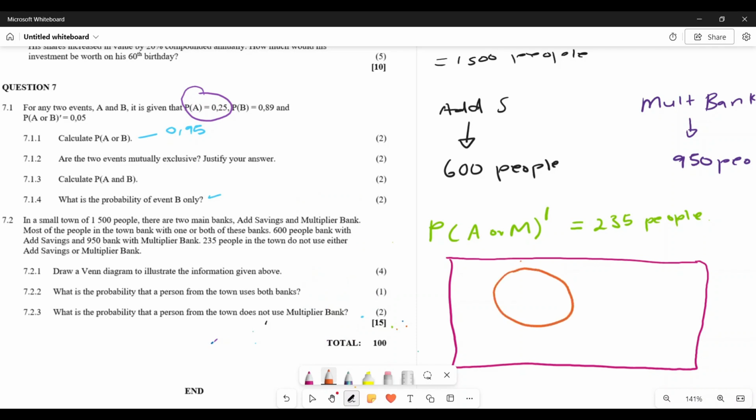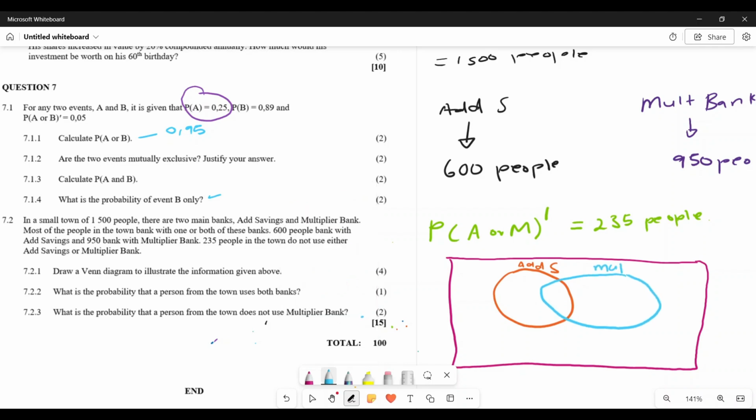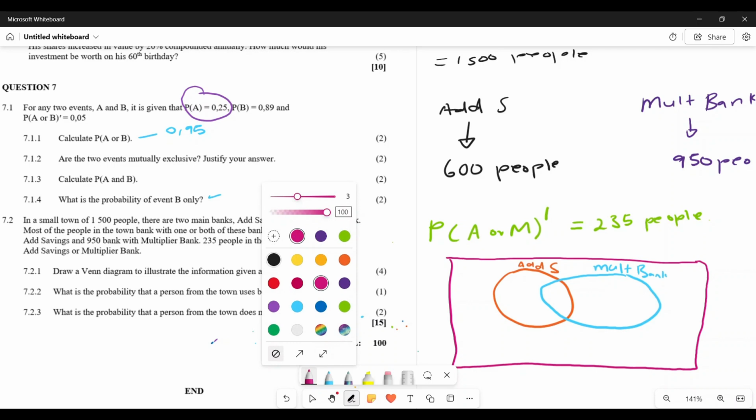So this represents Ed Savings, and this represents Multiplier Bank. Right. And now they said how many people do not bank with either of these two banks? 235 people. So this is my sample space. I'm going to write it here: 235 don't bank with either bank.